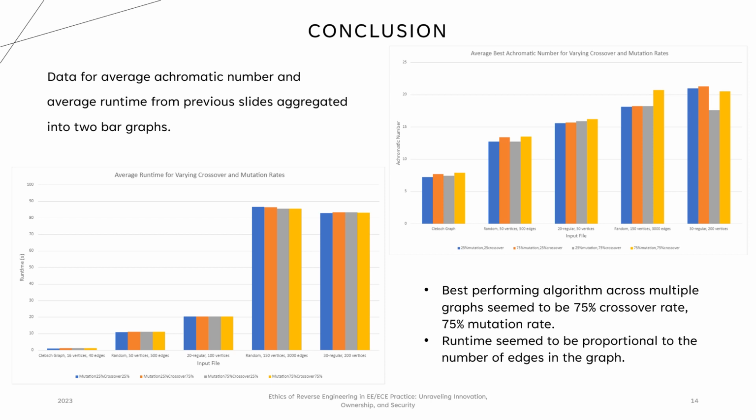The only graph for which this wasn't the case was the 30 regular 200 vertex graph. But I think with a higher population size, it may have performed better. Additionally, runtime seemed to be proportional to the number of edges in the graph, not the number of vertices.